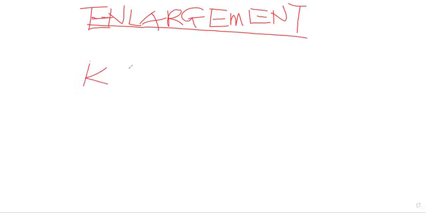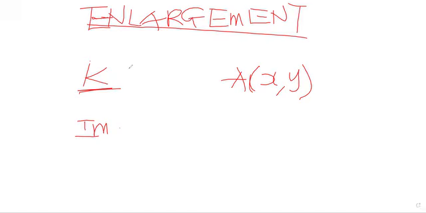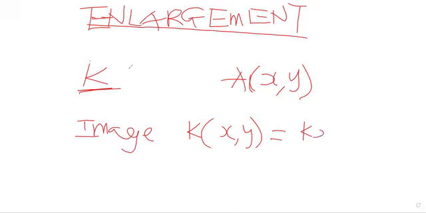So assuming I want to enlarge (x, y) by the scale factor k, and let's say I'm doing this about the origin, my image becomes k times (x, y), which is (kx, ky).